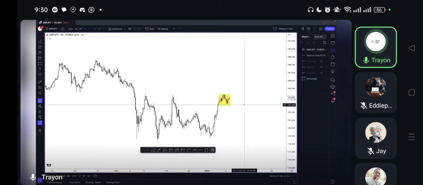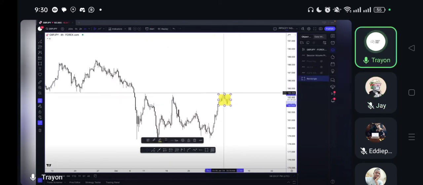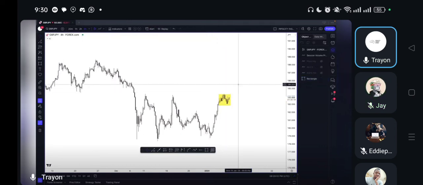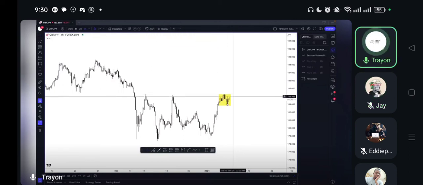What is going on here? Good evening. Who is speaking? Please can you analyze GBP JPY? That's what I'm looking at. Somebody said it already, so I want to look at it together.